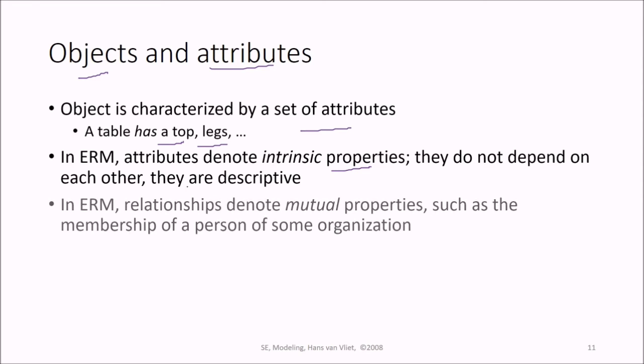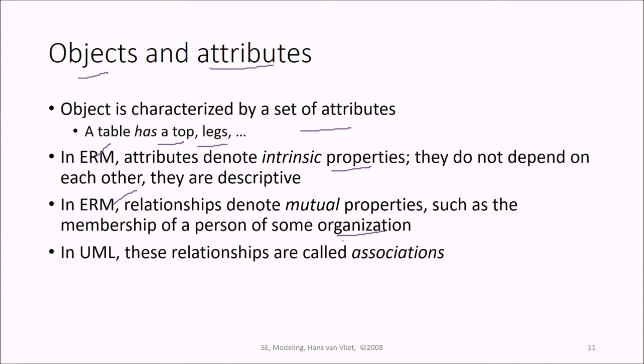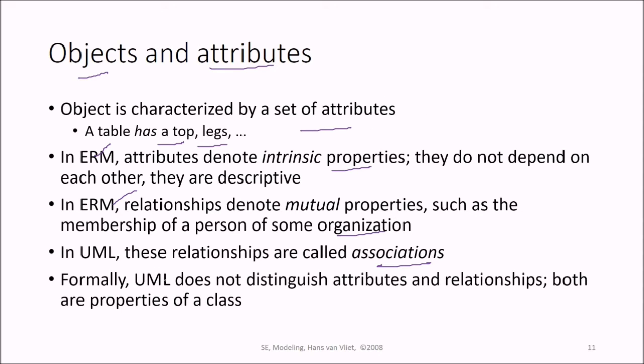In ERM, entity relationship model, relationships denote mutual properties such as the membership of a person of some organization. In UML, these relationships are called associations, not relationships. So formally, UML does not distinguish attributes and relationships. Both are the properties of a class. In UML, there is no distinction between an attribute or a relationship. Both are the properties of a class.